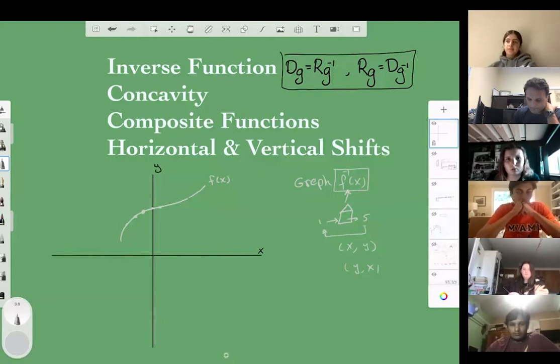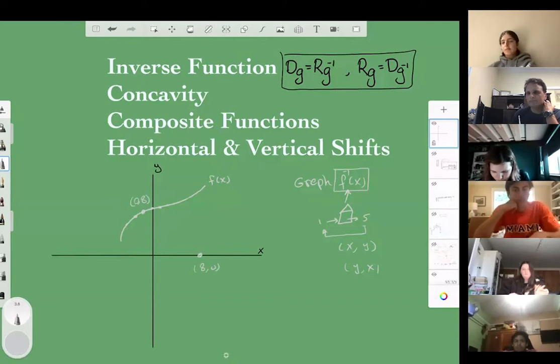If this is 0, 8, the inverse is going to be 8, 0. So this will be a point on the inverse function. But we cannot just pick a point and then switch them, since there are infinite points.